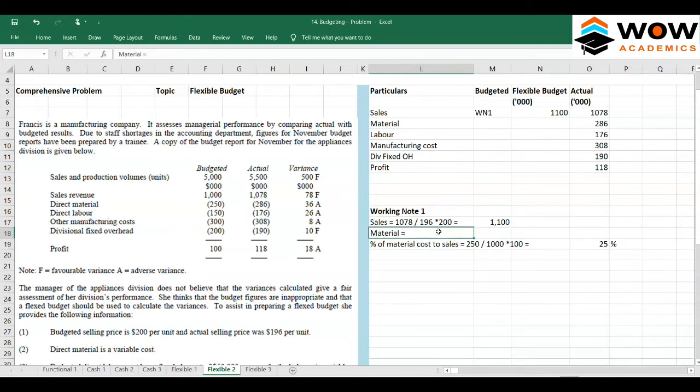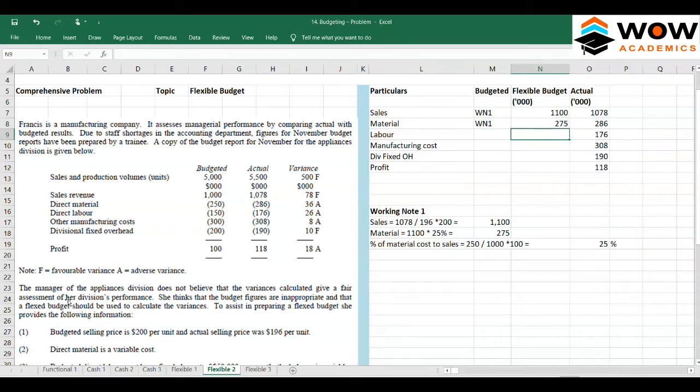If our total sales should have been 1100, then 25% of that should be 275. So we again got from working note 2 that it should be 275.